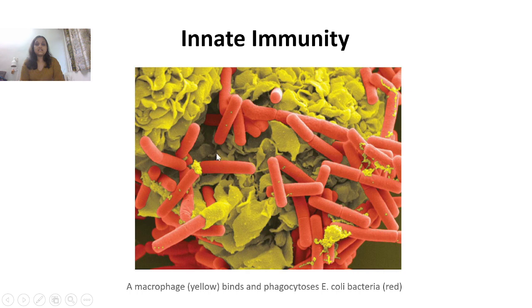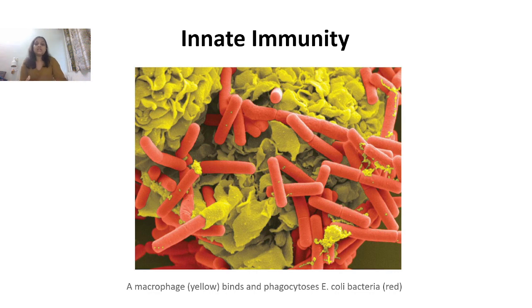Here we can see a beautiful picture where this macrophage, yellow in color, binds and is phagocytosing E. coli bacteria, red. We all have learned the cellular components of innate immunity, like macrophages, dendritic cells, and neutrophils.